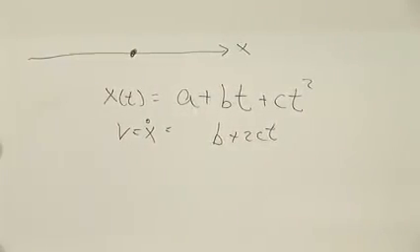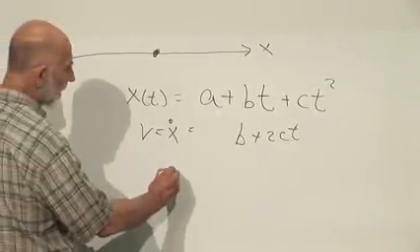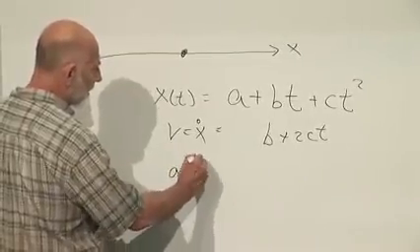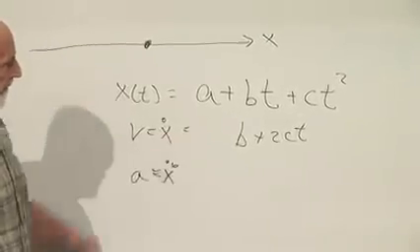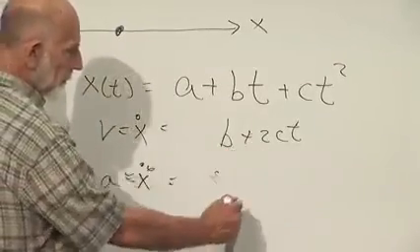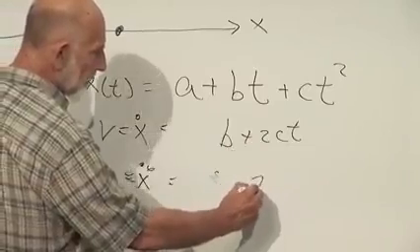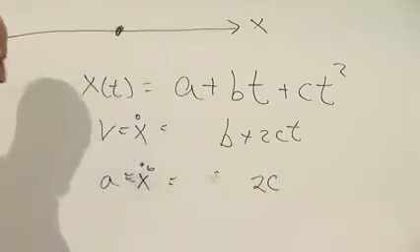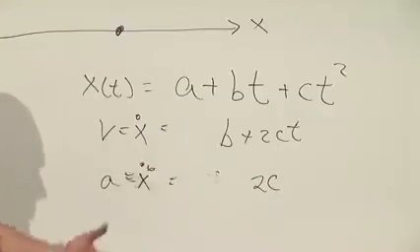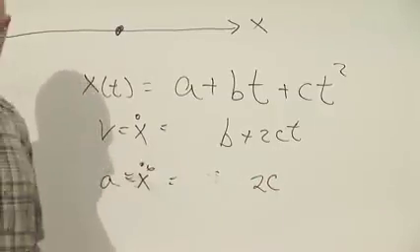What about the acceleration? We just differentiate again. What's the derivative of b? 0. And the derivative of 2ct? 2c. Okay, so this is the acceleration. It's twice c. It's constant with time.